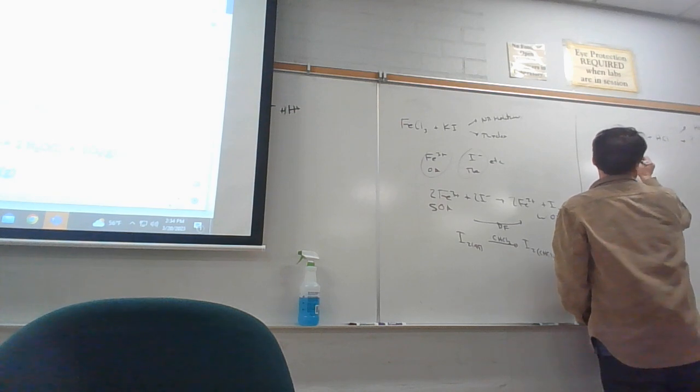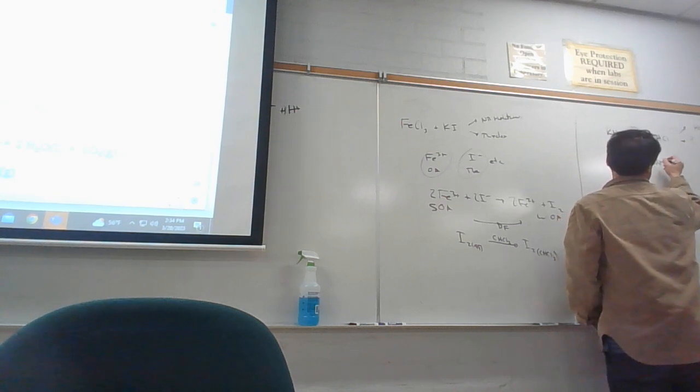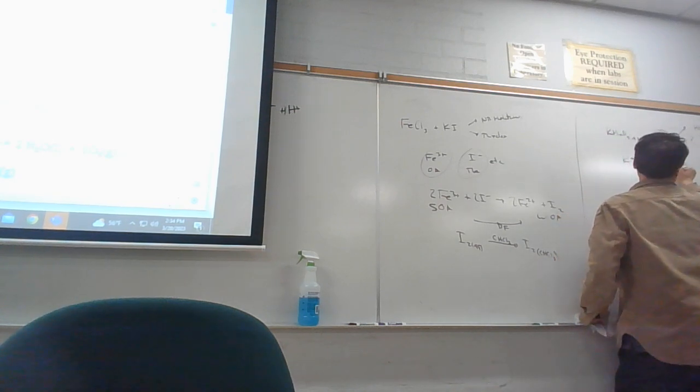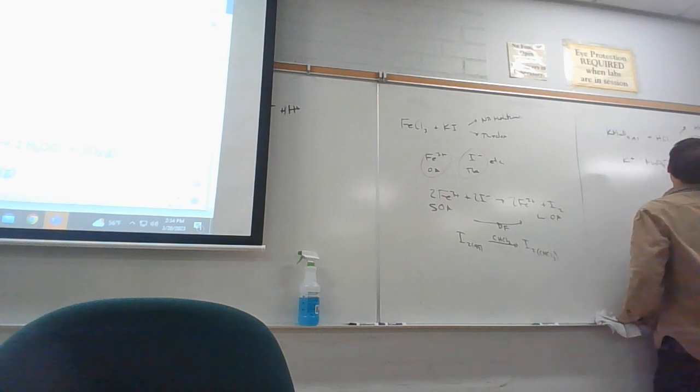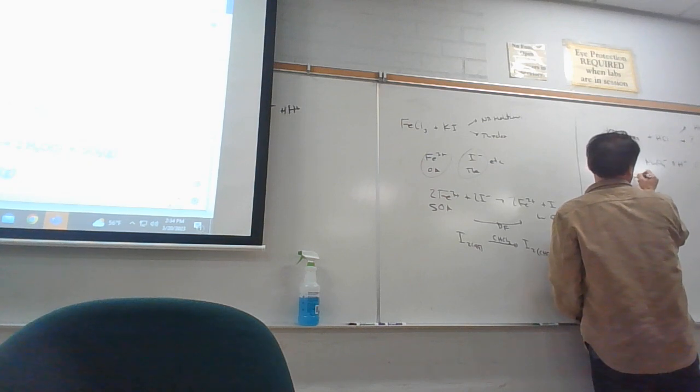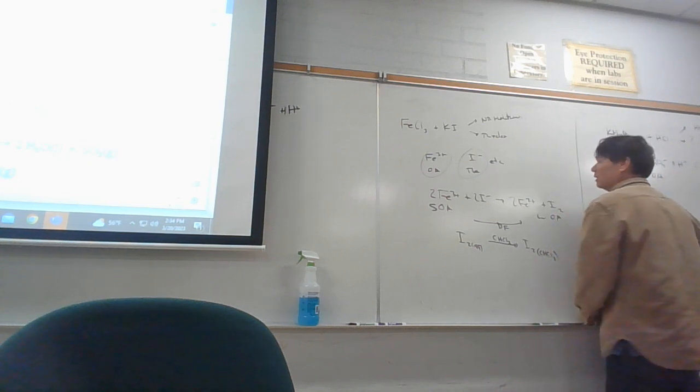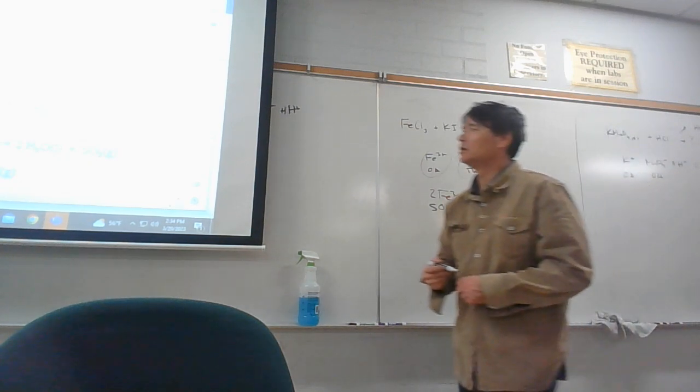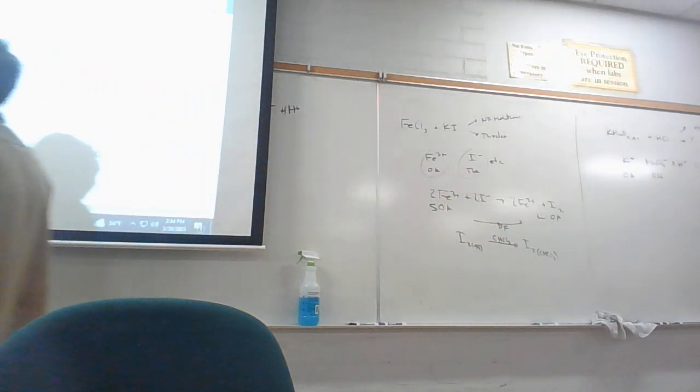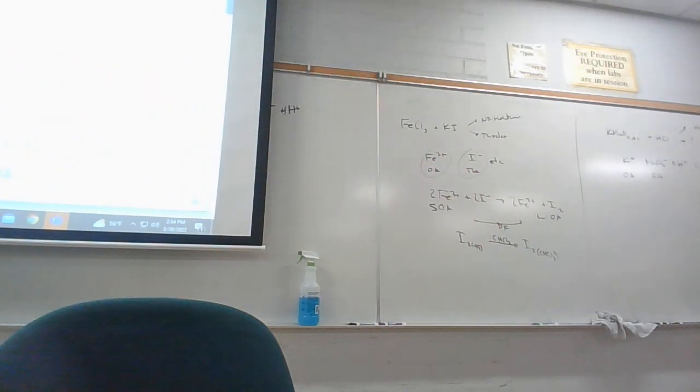And so again, this is going to be a chart method. Potassium ions, permanganate, H+, chloride, and water. And then potassium ions are an oxidizer, permanganate's an oxidizer if there's what present? Acid.